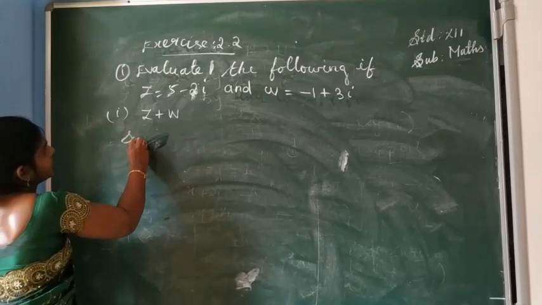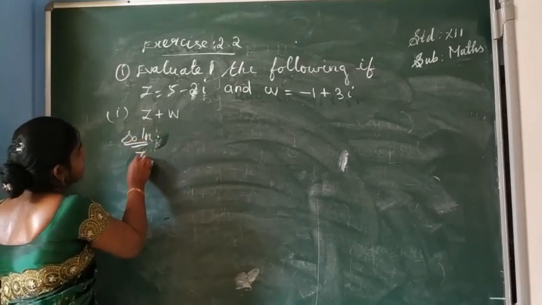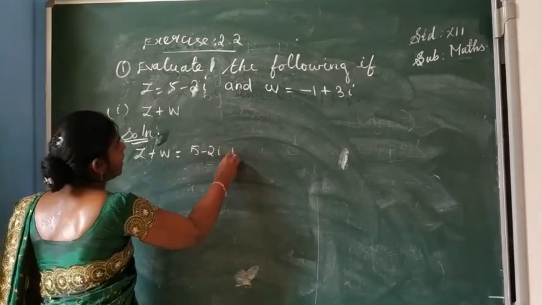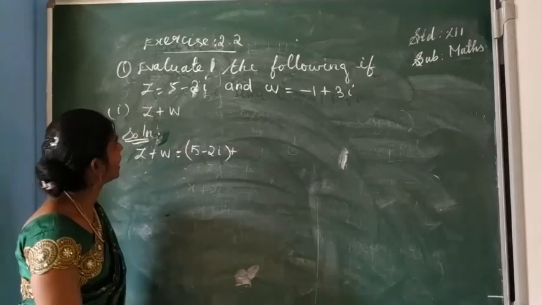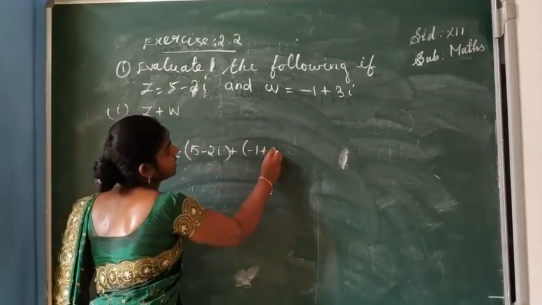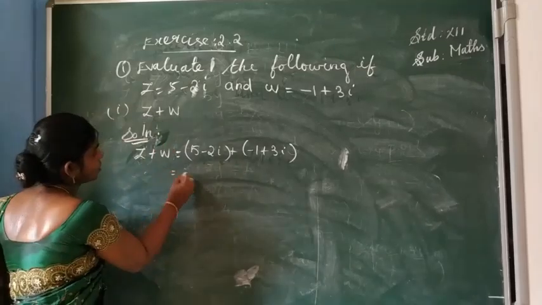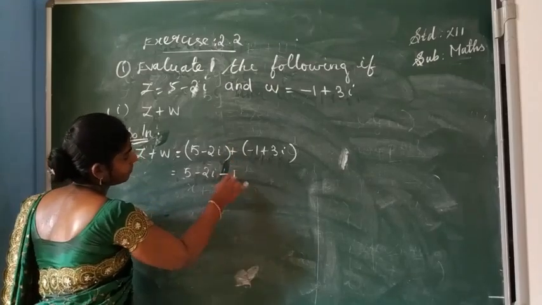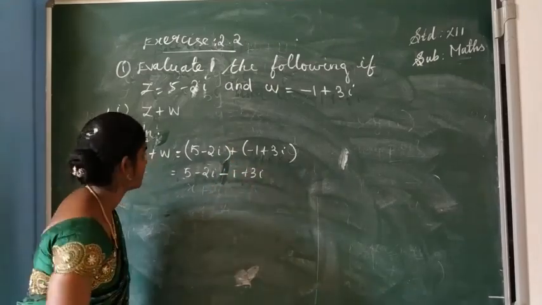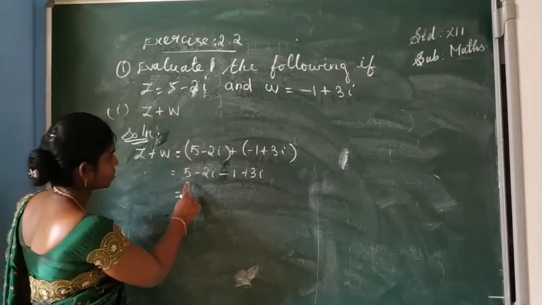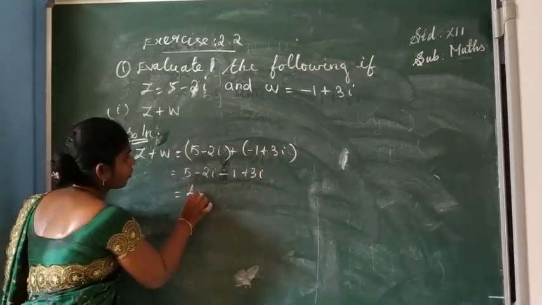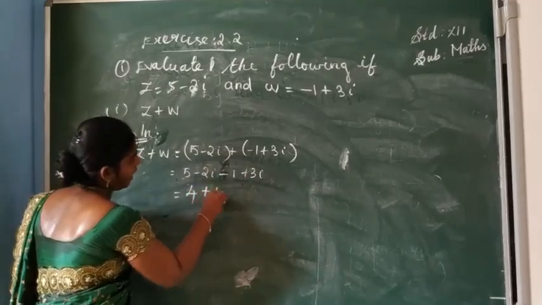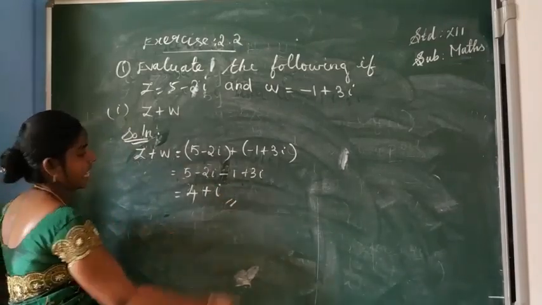So solution, so z plus w equal to 5 minus 2i plus w value is minus 1 plus 3i equal to 5 minus 2i minus 1 plus 3i. That's equal to, so 5 minus 1, the value is 4, minus 2 plus 3, the value is 1 plus i. So this is the first answer.